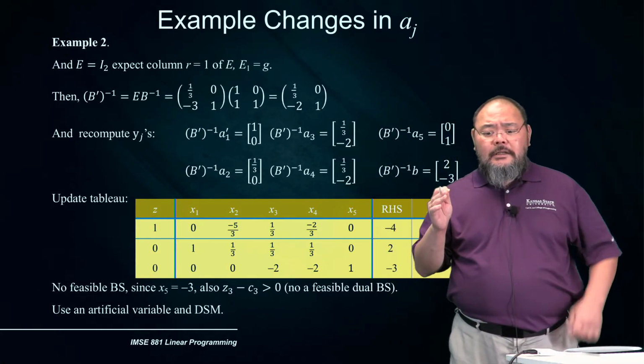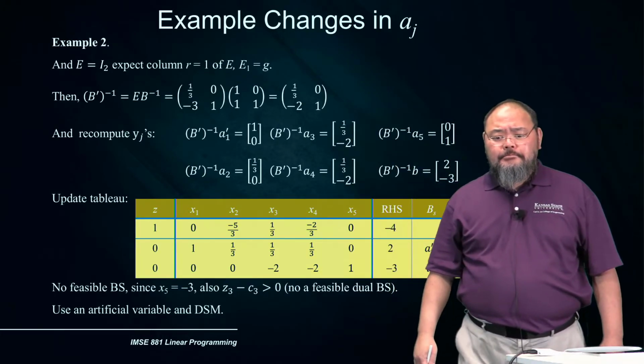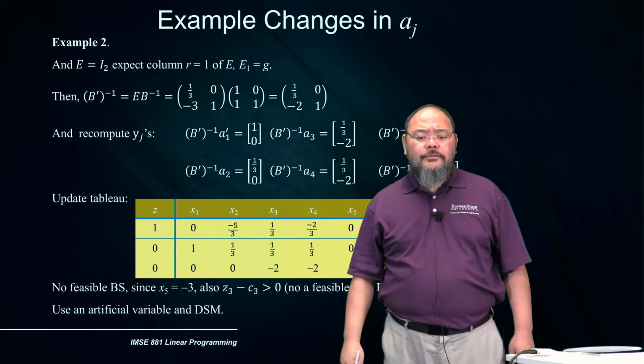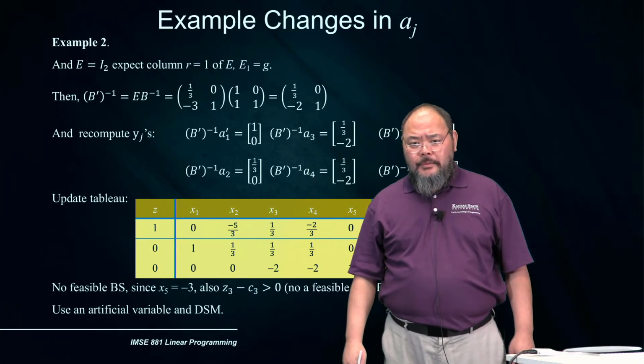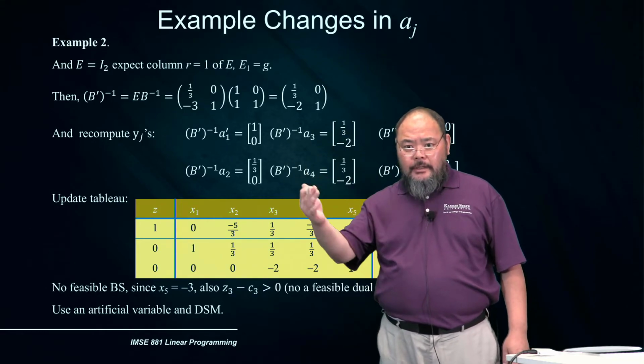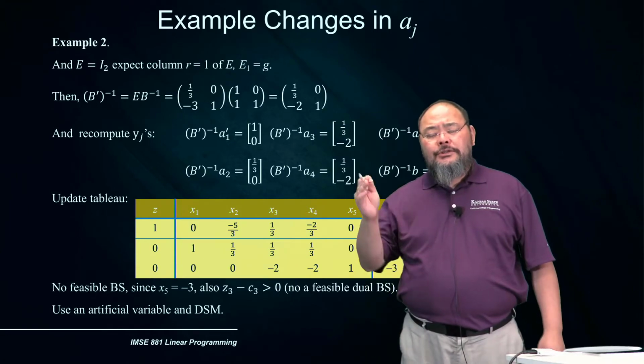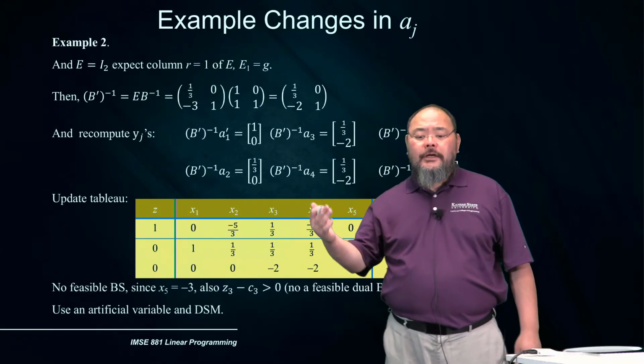In this case, it creates a change in the current constraint matrix column, which means you change a production technology, you change the formula or production process.